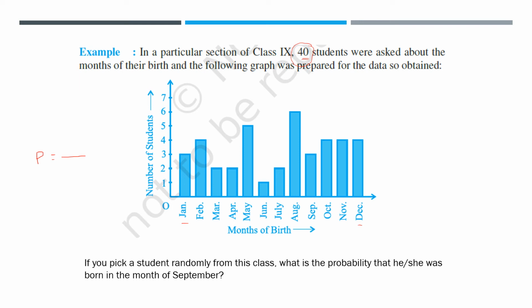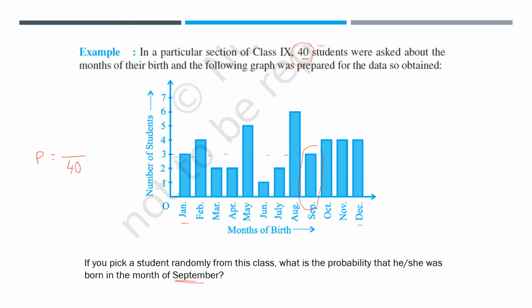It's already written here. So we have 40 total students. The question is, what is the probability that he or she was born in the month of September? This particular bar represents September, and it goes up to 3.